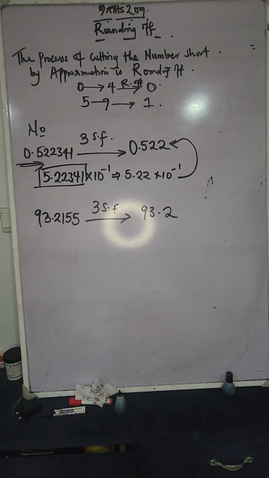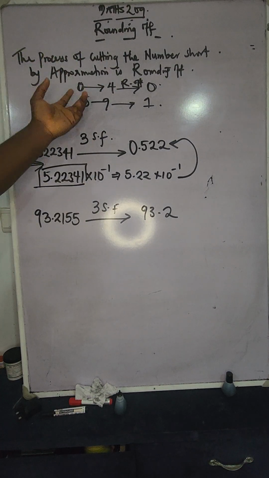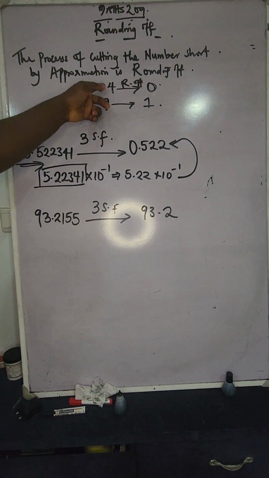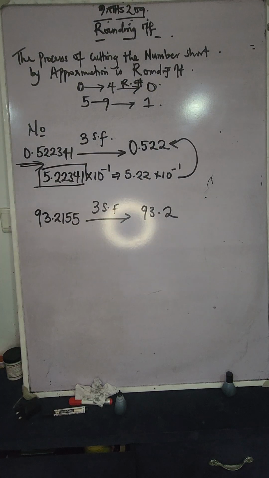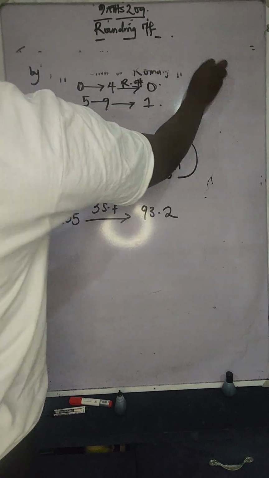Why? Because this particular digit falls between the category of 0 to 4, and so when we round off any numbers that come between this category, it's regarded as 0, and so you're going to be having 93.2. Is that clear? So this illustration has given us a background check on what we should be expecting when it comes to rounding off of numbers.